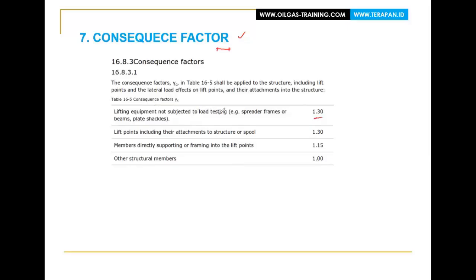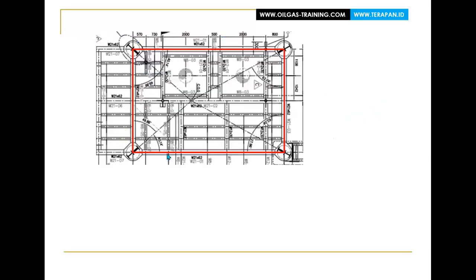I will illustrate this. For example, we have one structure to be lifted. This beam in this red part, we must multiply by 1.3, while the other part, this one, which is not connected to the pad eye, we multiply by 1.15.